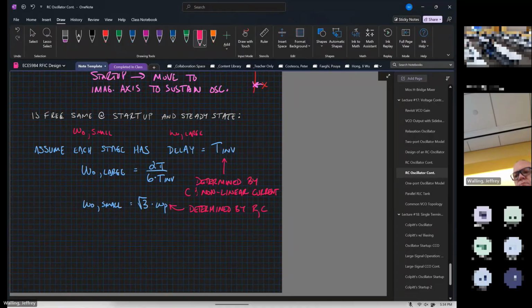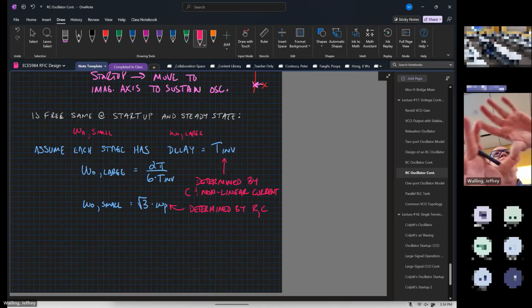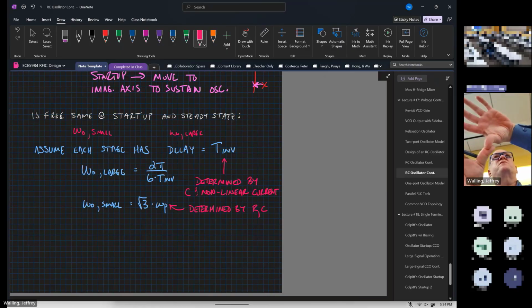Okay. So the oscillator is going to start up at omega naught small, and as the poles drift from the complex plane onto the imaginary axis, it will stabilize to omega naught large. Ideally, those will be fairly close to one another, but they don't have to be equal to one another exactly.